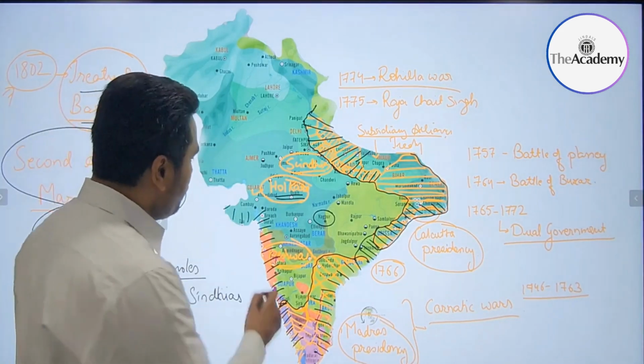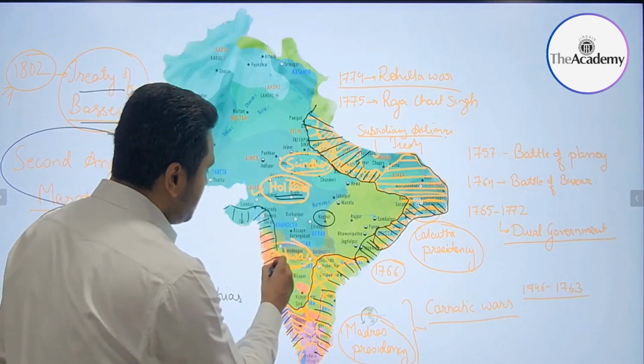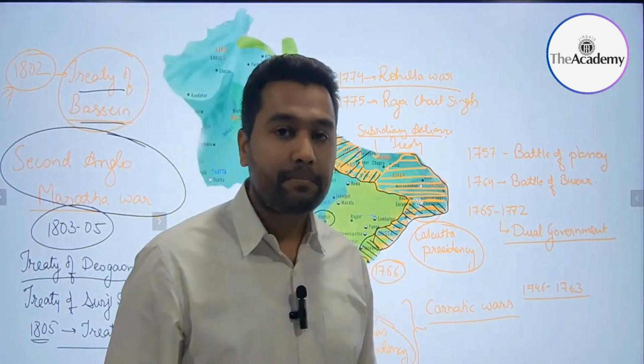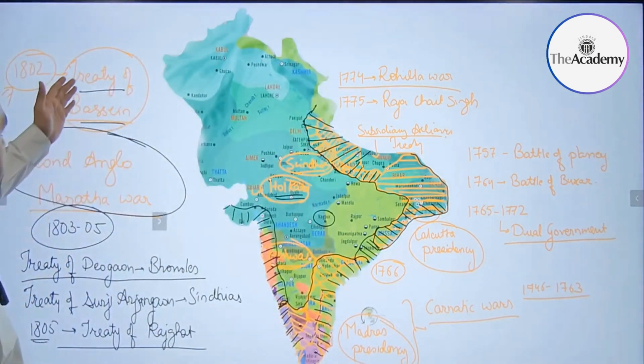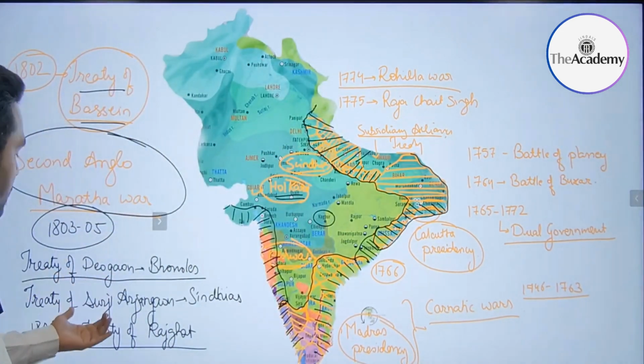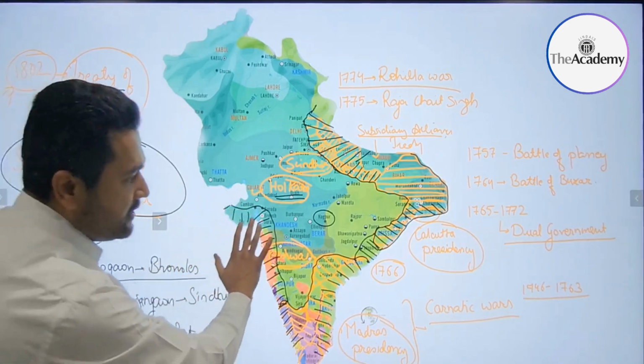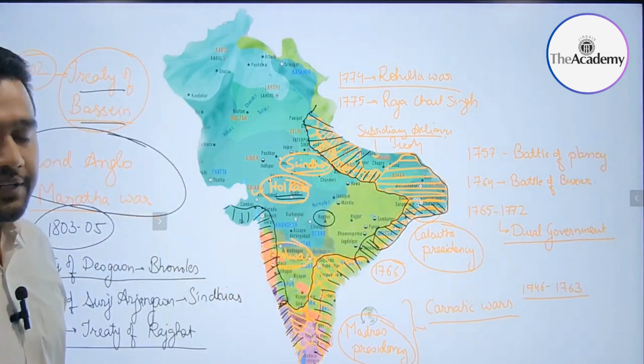So the Second Anglo-Maratha War witnessed extension of British territory. Treaty of Bassein, Treaty of Devgaon, Treaty of Surji Arjangaon and Treaty of Rajghat, giving further extension to British territories.